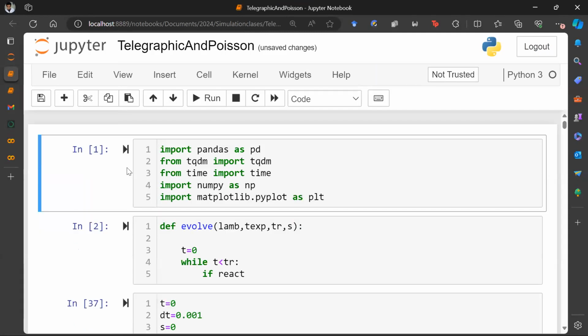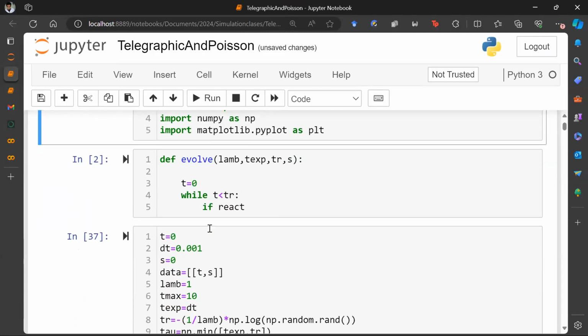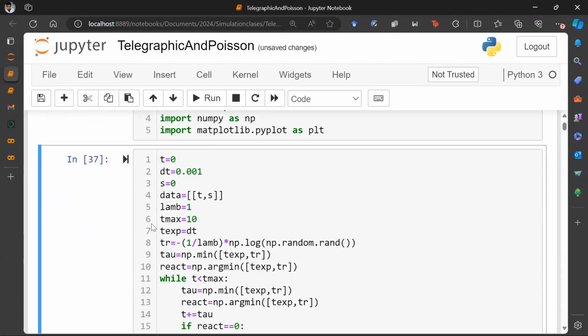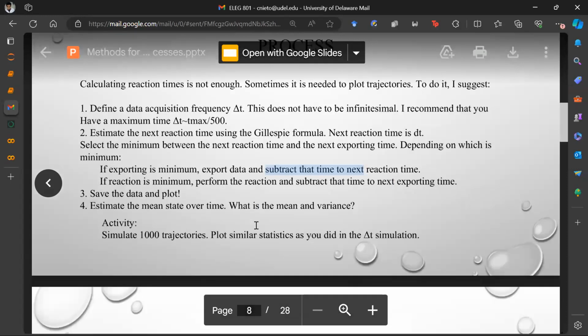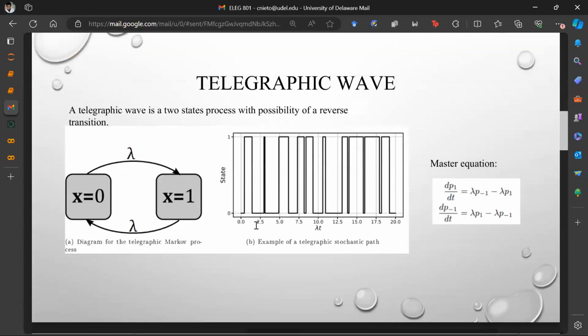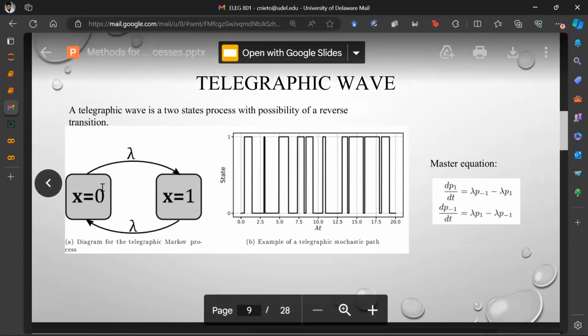Okay, so this is the second file I sent to you. So, what's the idea? Now you have a two-state system, but you can come back between 0 and 1. There's a transition rate lambda from 0 to 1, but there's also a transition rate from 1 to 0.